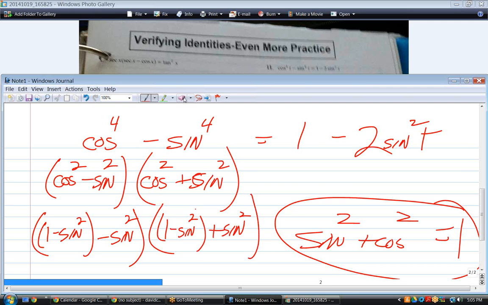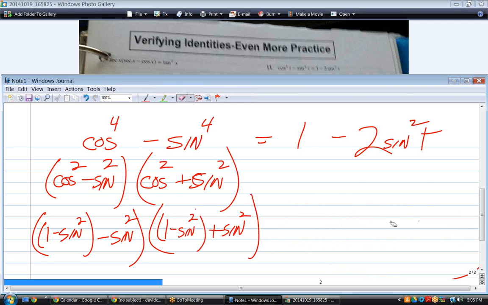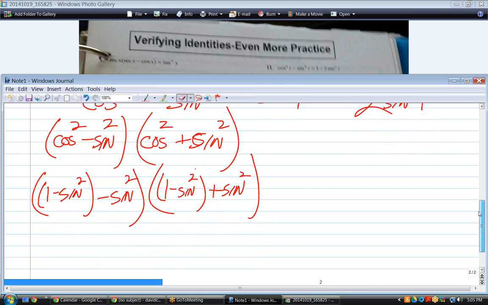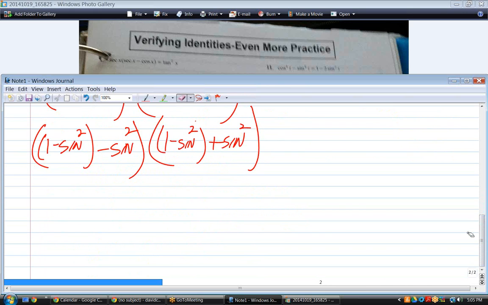All right, now everything is in sine squared, which means that it's just a question of simplifying the algebra. What does this become? That'd just be 1 minus sine to the fourth.